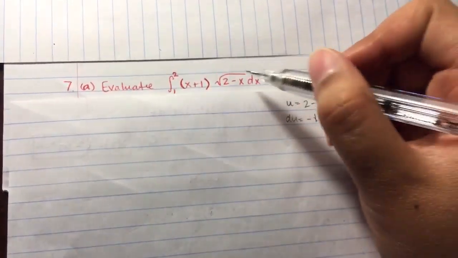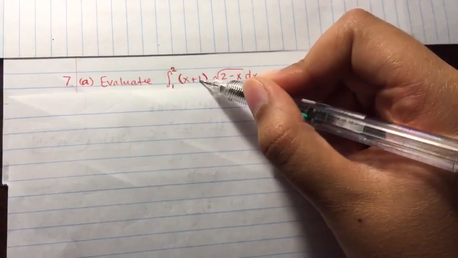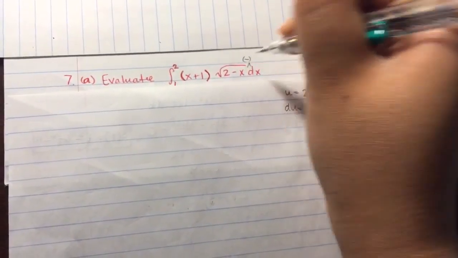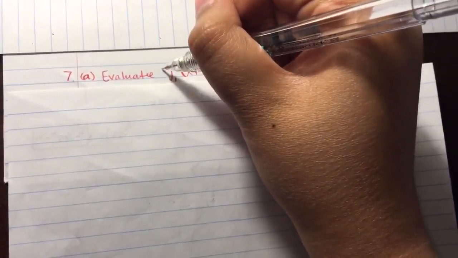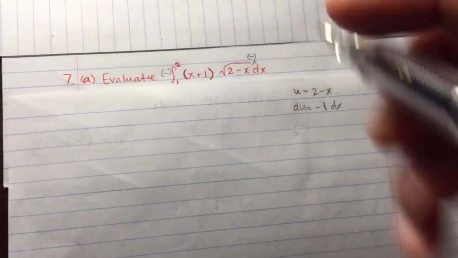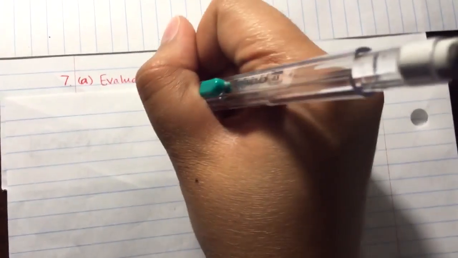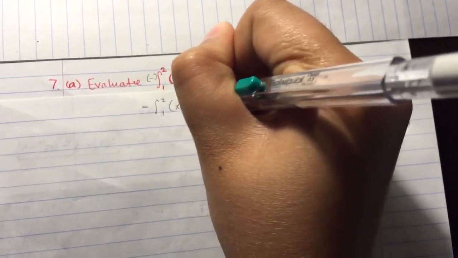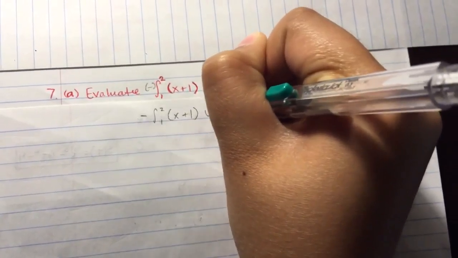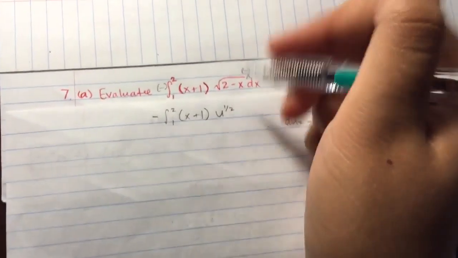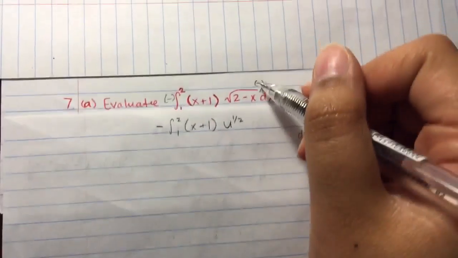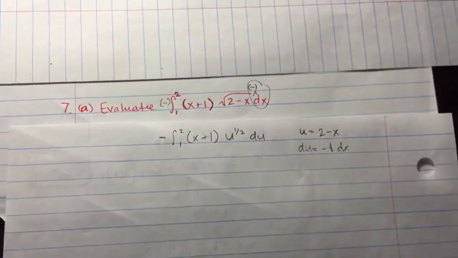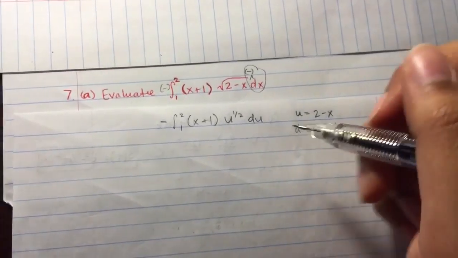So then from here, we have to find this, and since we'll just add in a negative, and then since we add it here, we'll have to add it over here as well. So then we'll have negative integral of x plus 1 times u to the 1/2, which is the same as square root of u, du.